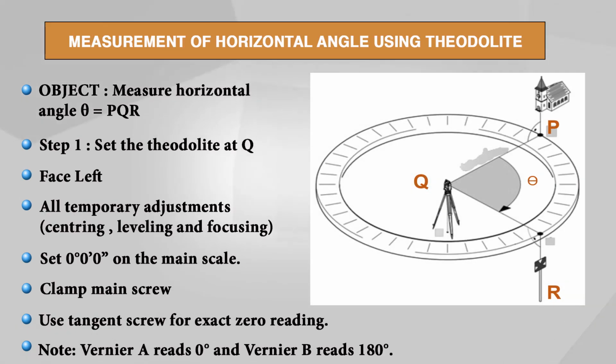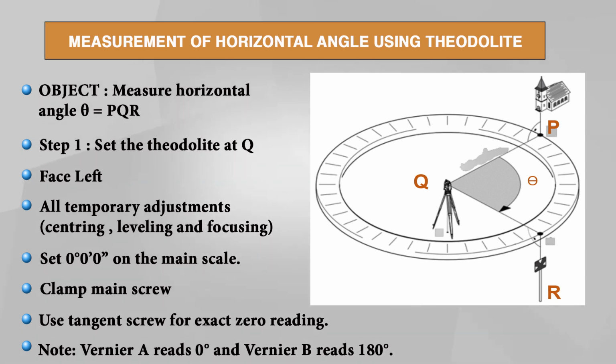Let us see how to measure a horizontal angle using a theodolite. Suppose we are at any station Q and we want to measure the horizontal angle theta, that is angle PQR. So, step 1 would be to set up the theodolite at the station Q with the vertical circle to the left of the line of sight, that is face left, and complete all the temporary adjustments like centering, leveling and focusing.